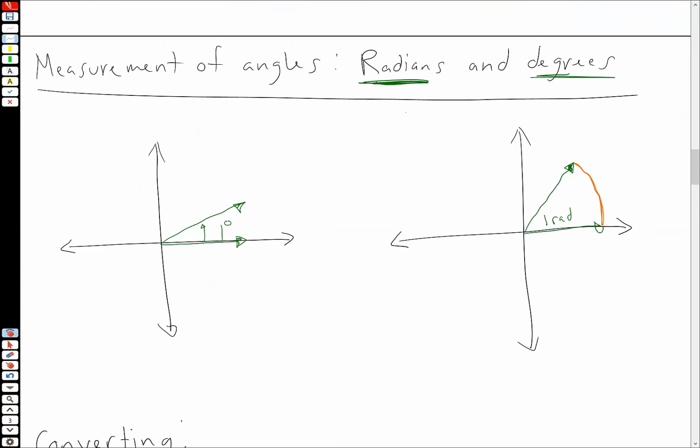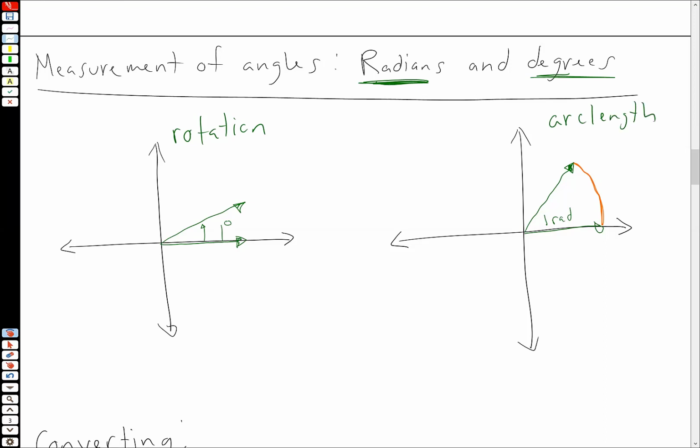In any case, what I want you guys to think about, degrees sort of measure rotation. Okay, so 1 degree you can think of as 1/360th of a rotation around a circle. Now, radians, on the other hand, you can think about them as measuring arc length.